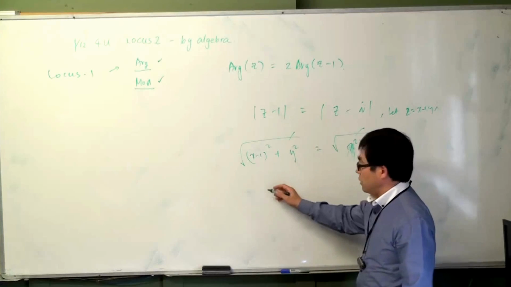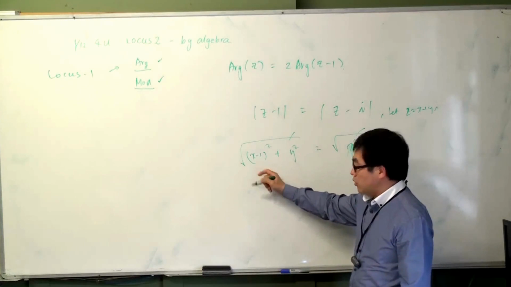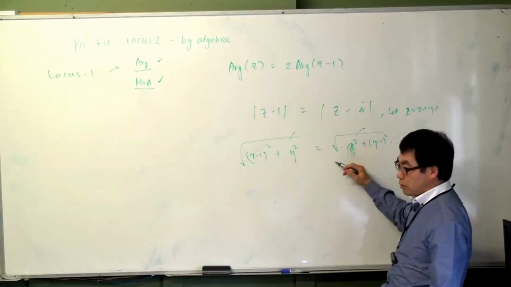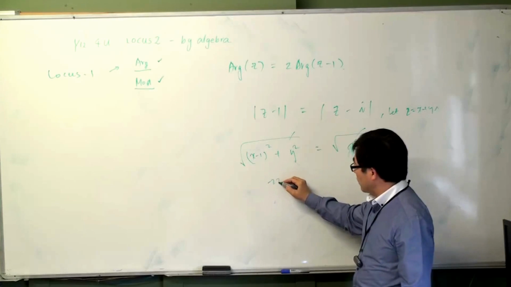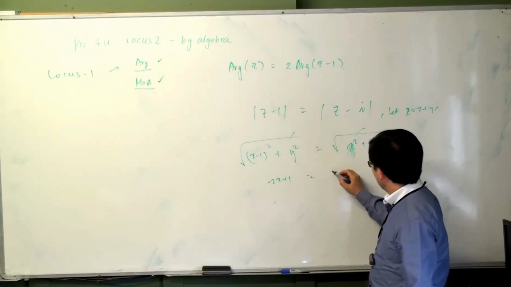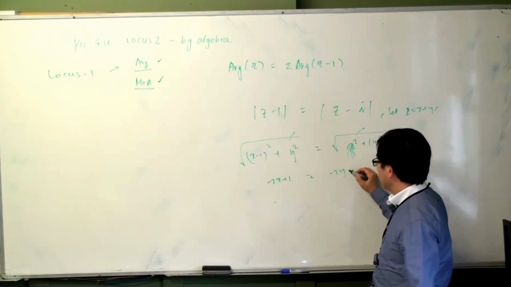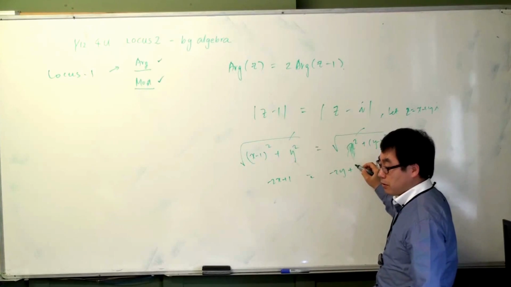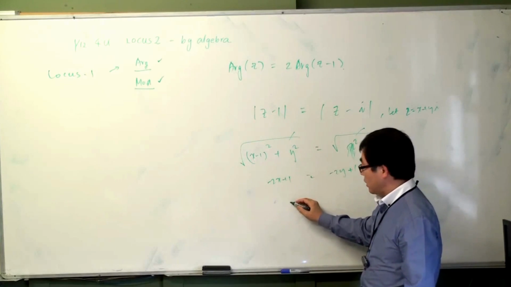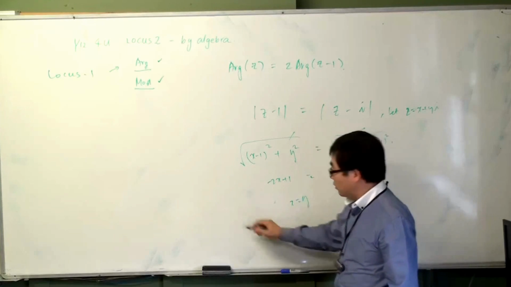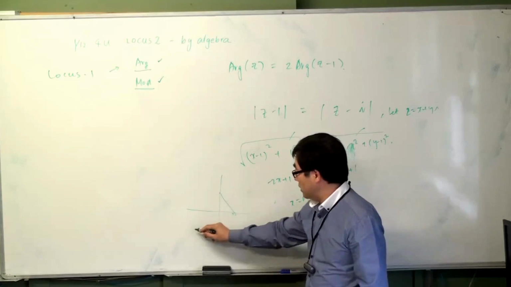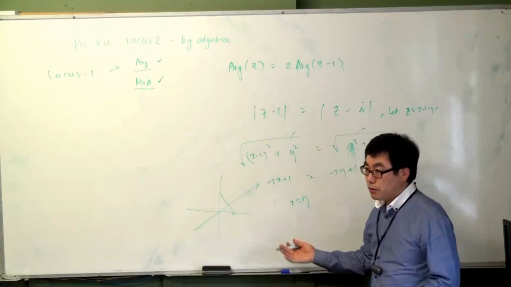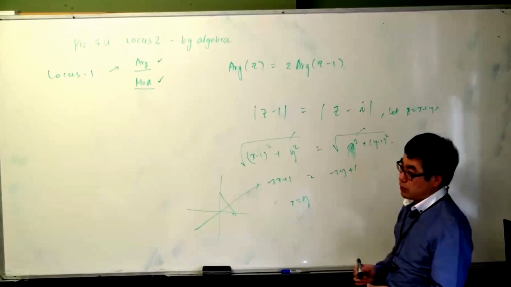Then if you expand it, what do you get? x squared is gone, x squared is gone, y squared gone, y squared gone. And you're left with minus 2x plus 1 equals minus 2y plus 1, isn't it? Then if you cancel out, x becomes y. That's exactly the same as what we expected. Perpendicular bisector, that is y equals x, isn't it? That's an algebraic approach.